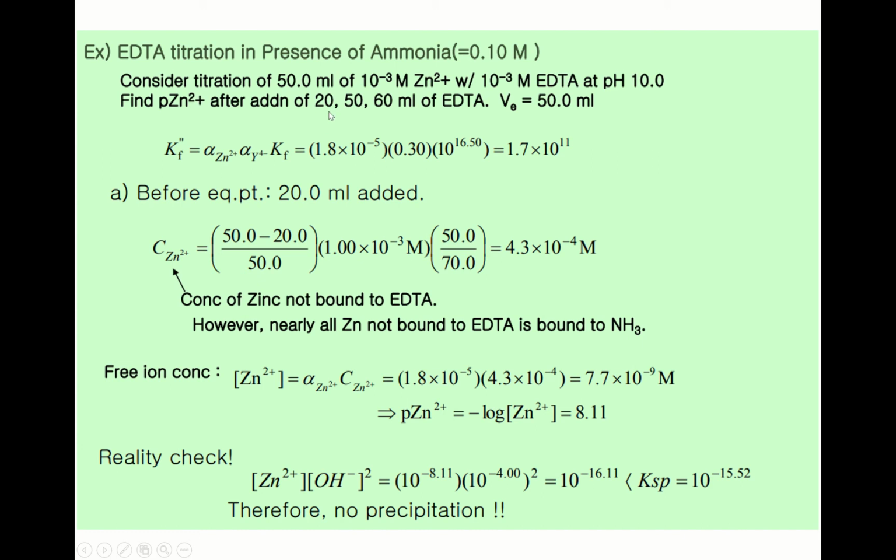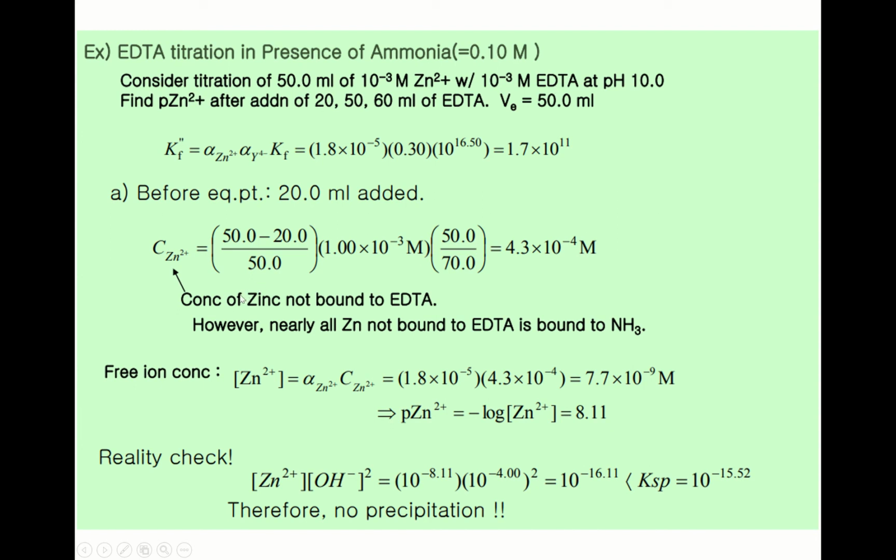Since 20 ml is already removed by EDTA, the free zinc ion is 50 minus 20 divided by 50, the dilution factor, times the concentration of the standard solution.